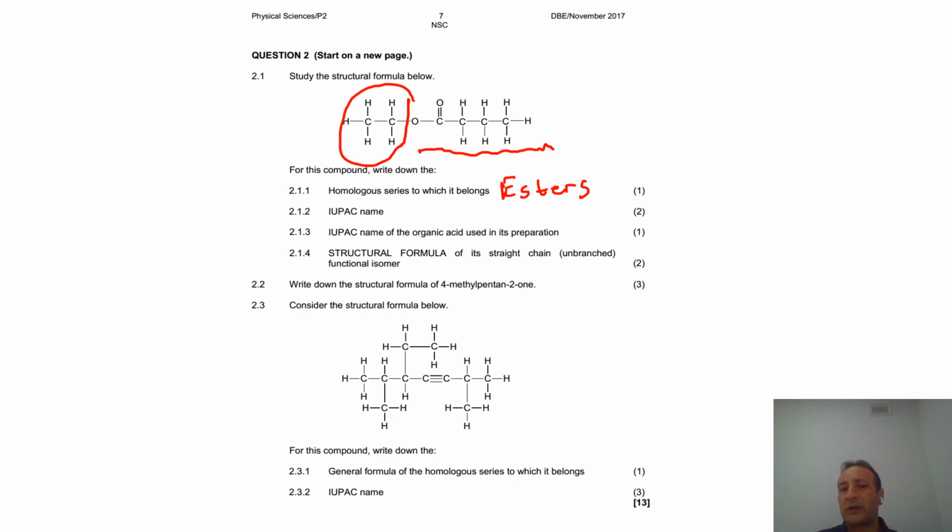To write the IUPAC name of this compound, we take first the name of the side chain, which is made of, as you see, two carbon atoms. So we call it an ethyl group. We write here ethyl, and the rest has 1, 2, 3, 4 carbon atoms. An alkane with 4 carbon atoms is called butane.